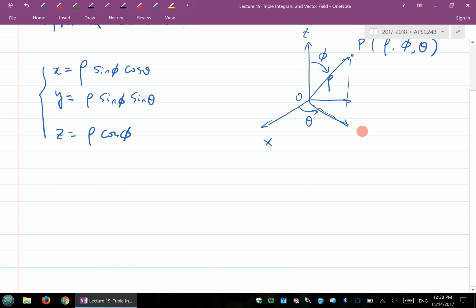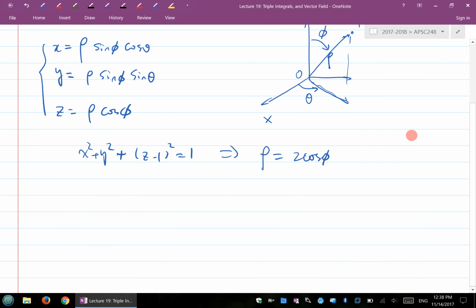For example, this is a sphere with its center at 0, 0, 1 and a radius of 1, and with the substitution you get a much shorter equation, which is just rho equals 2 cosine phi. That is an equivalent description of the same sphere in 3D space.